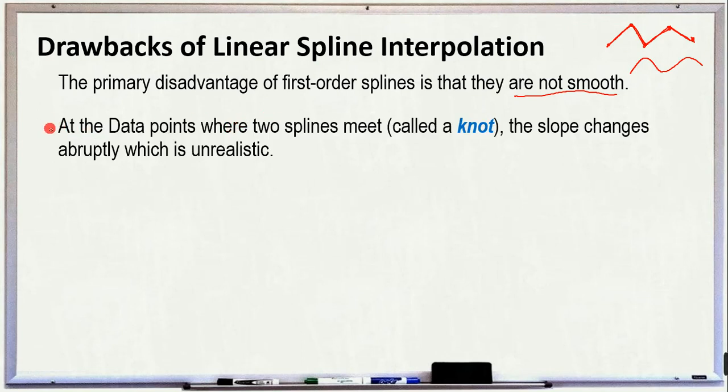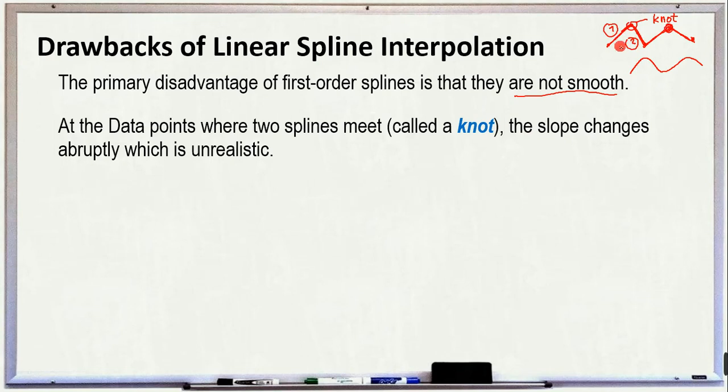Next, gingon pa diri at the data points where two splines nagmeet called a knot, so the slope changes abruptly, which is unrealistic. So ang tawag day aning mga data points nga naa sa sulod, these are called knots. When we say knots, ang duha ka spline, so di ba sa linear spline natay first kani, second. So ang ilang meeting point, we call this one as the knot.